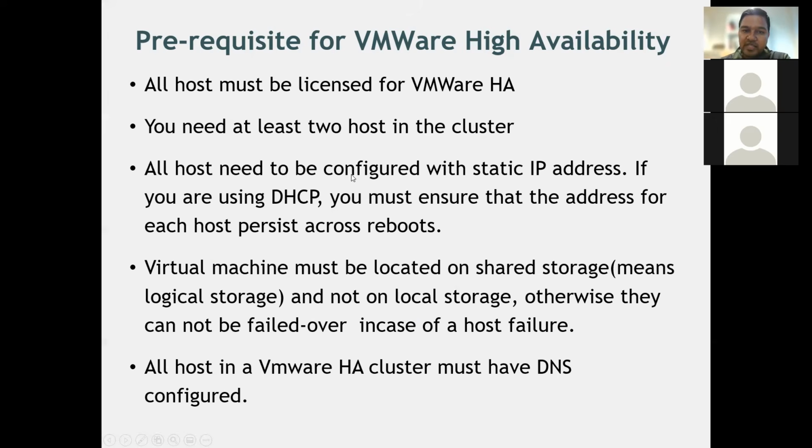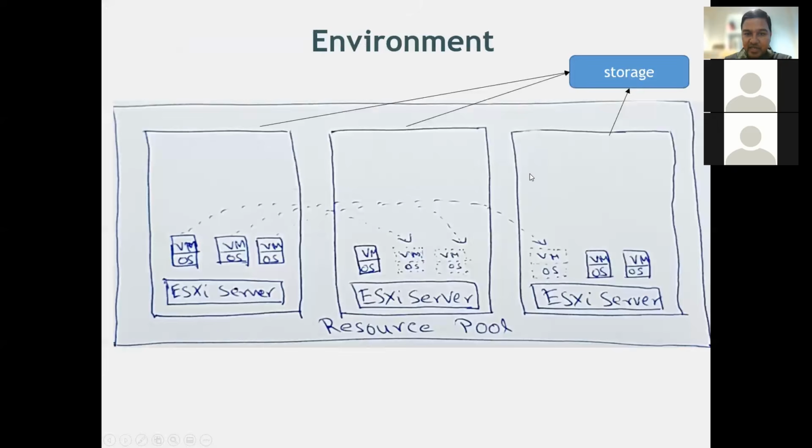All the hosts need to be configured with a static IP address. That is very important. If one has failed and the other hosts have dynamic IP addresses, that means their IP addresses keep on changing, then the central system, which maintains the heartbeat of the different hosts, will not know which is available.